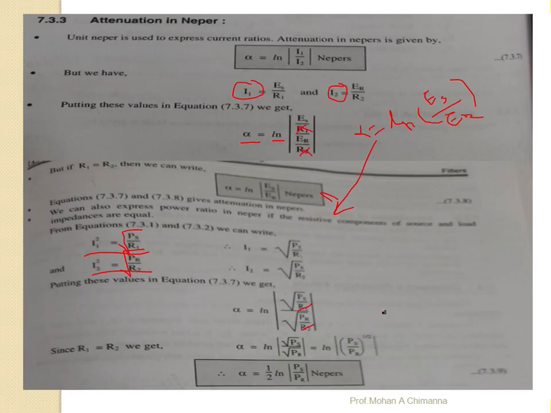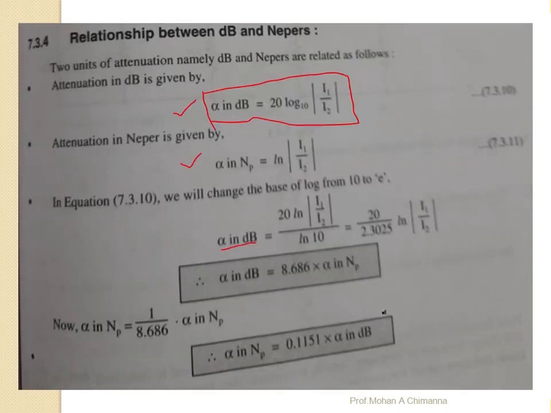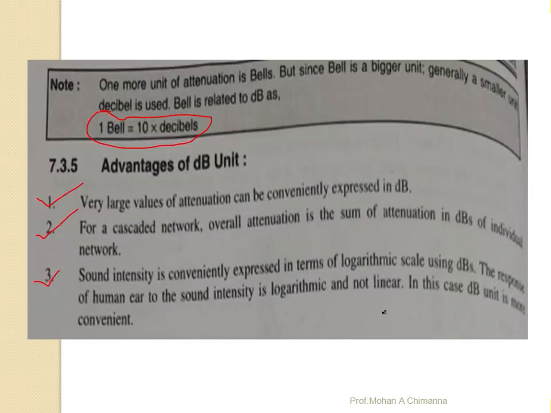The next unit is the Neper, which is also a unit to represent the attenuation. Then the relationship between the decibel and the Neper, and the advantages of the decibel unit.